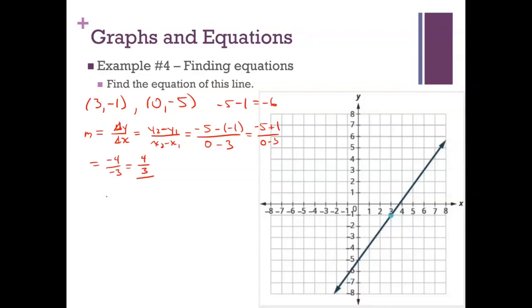B. Do we know what B is? Or do we have to figure it out? In this case, we can say B is -5. One of the points we chose to base our slope on was 0, -5. So that is the y-intercept. So now I can do this, y equals 4/3 x minus 5.